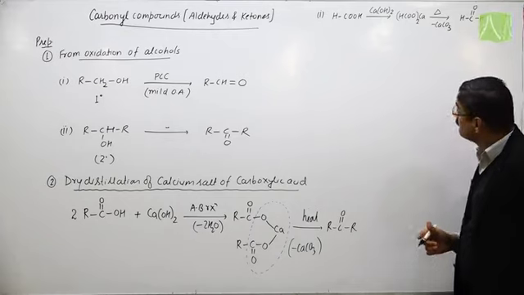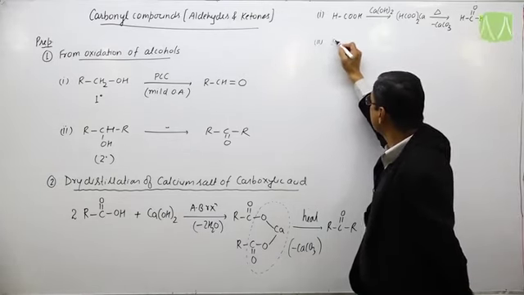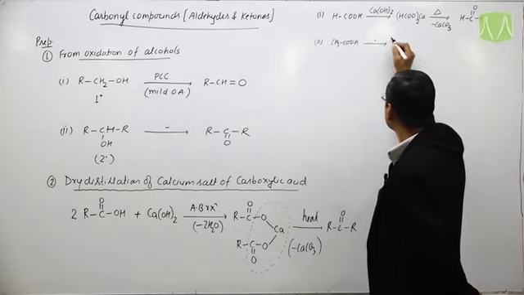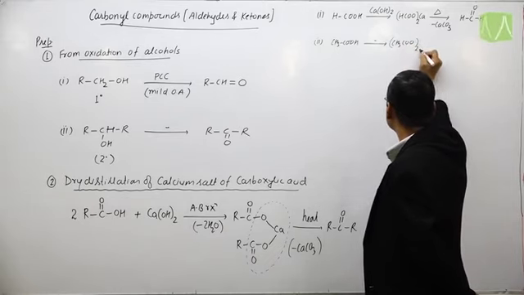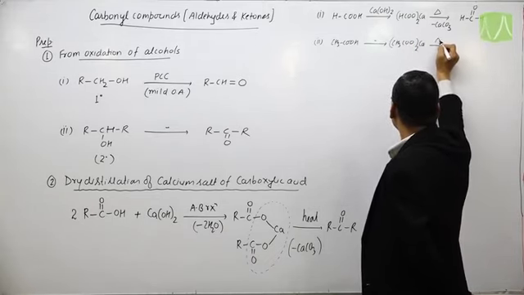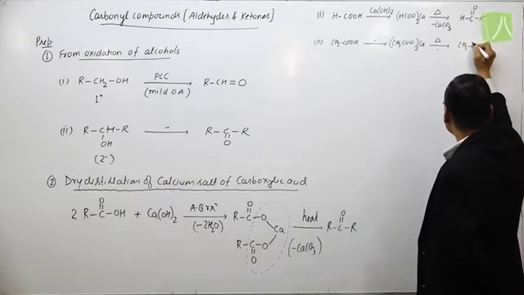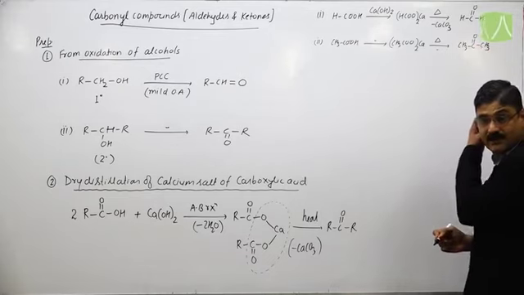So we can prepare aldehydes. Suppose I take acetic acid. So we get the salt of acetic acid, calcium acetate. On heating this, RCOCH3, that is CH3COCH3, so acetone is the final product.